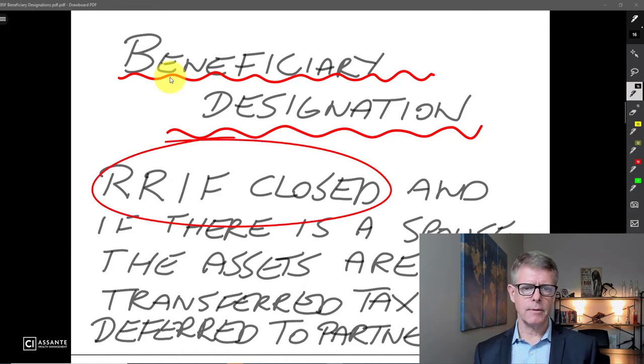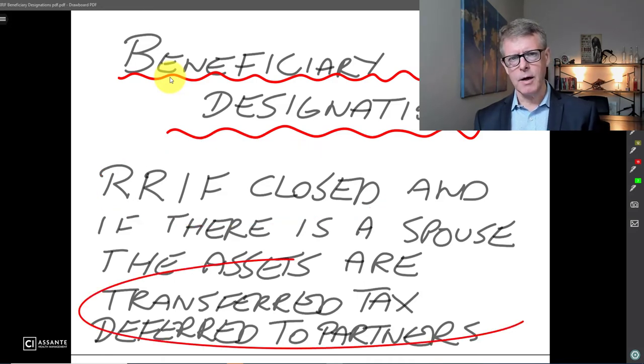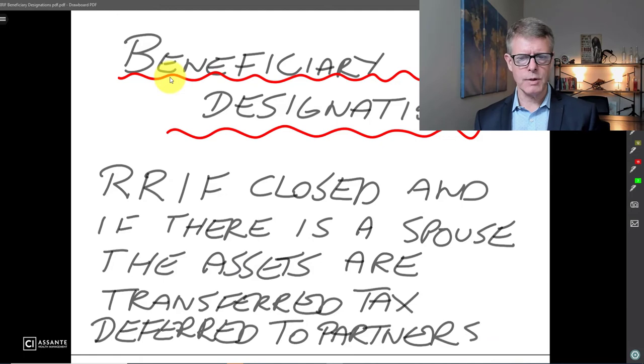And at that point, with a beneficiary designation, your partner can make arrangements to do a tax deferred transfer of your RRIF account or your RRSP account into a RRIF or RRSP account in their name, and there's no tax triggered upon that transfer. So a beneficiary designation for a couple situation where immediate liquidity and income continuity is not critical can certainly work. And again, you get the benefits of the account passing free of the estate, there's no probate costs, very little in the way of legal or accounting fees, very simple, kind of elegant settlement process that's available for you.